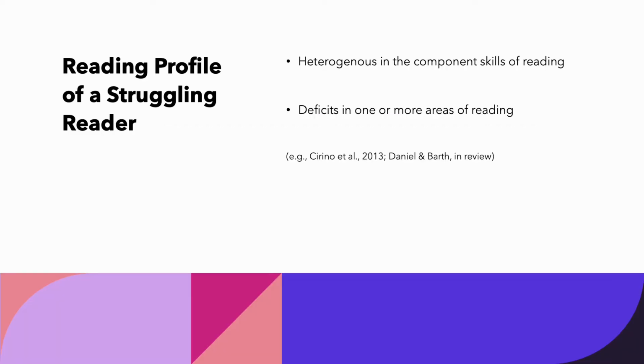So past studies that have looked at areas students struggle in when they're unable to read and comprehend grade level text generally show that this population of struggling readers, or students identified with learning difficulties such as dyslexia or other word reading disabilities, generally are a very heterogeneous population.